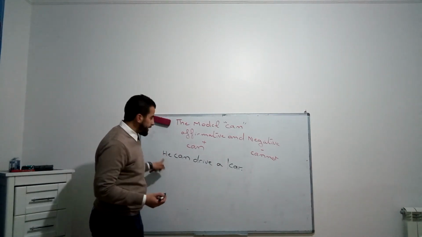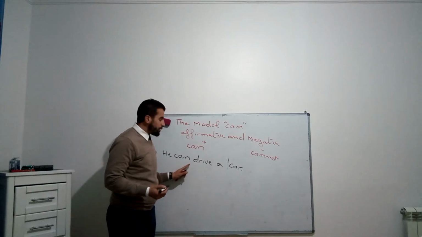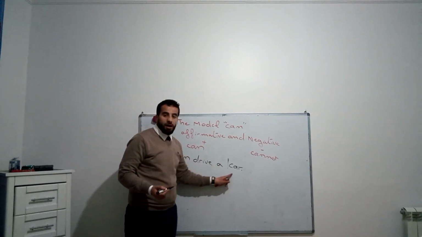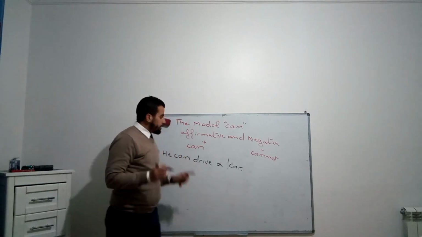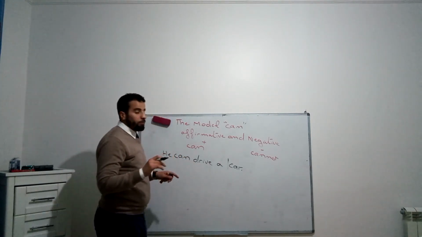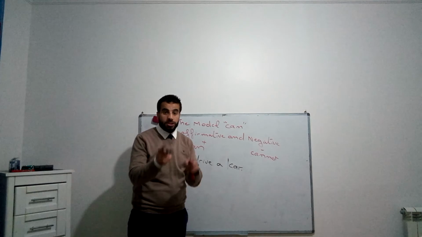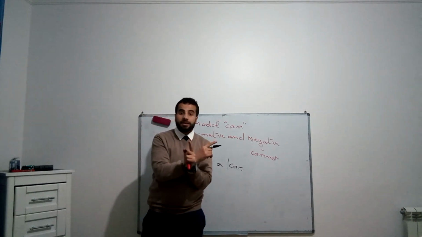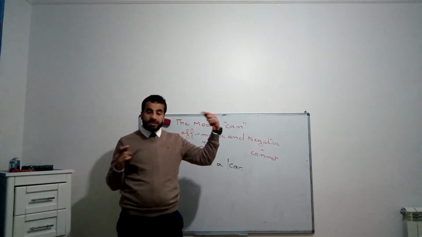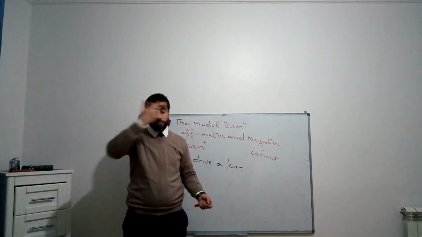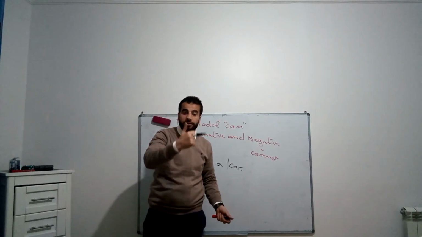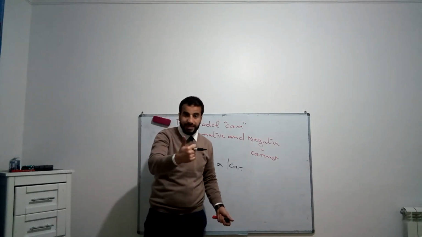A subject. Can is a modal auxiliary, drive is a verb, a is an article, and car is an object. This is very simple, but be careful: when we ask a question, the subject changes its place. So it becomes the second one and can replaces it and becomes the first part of an interrogative sentence.